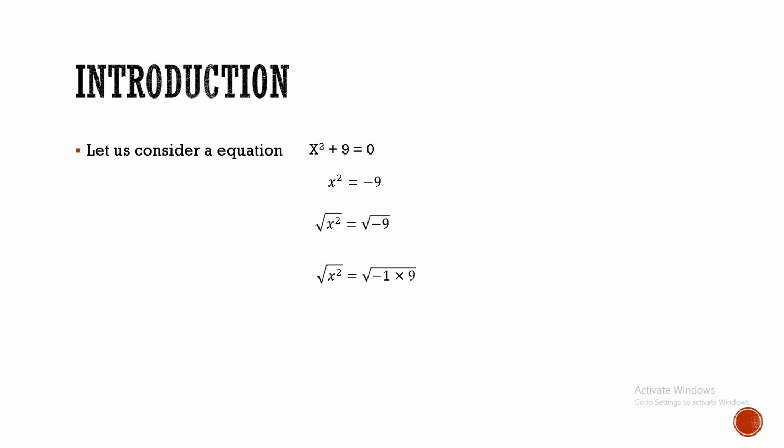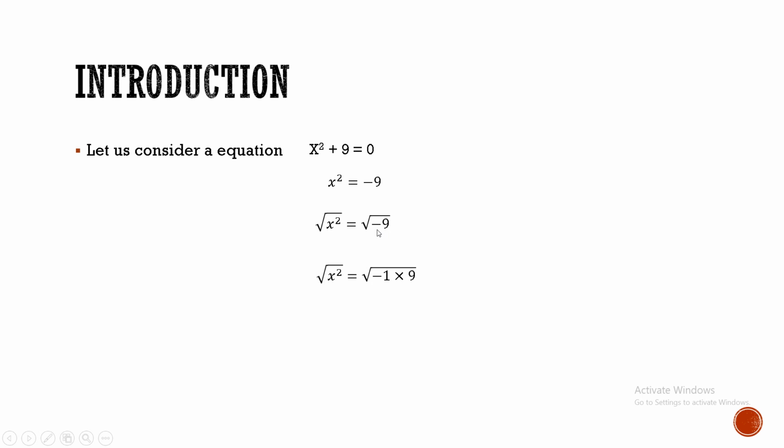If you say plus 3 into plus 3 is equal to 9. If you say minus 3 into minus 3 is equal to the same plus 9. But you will never get this minus 9 by squaring a number. So here the problem comes. Here the complex number arises.